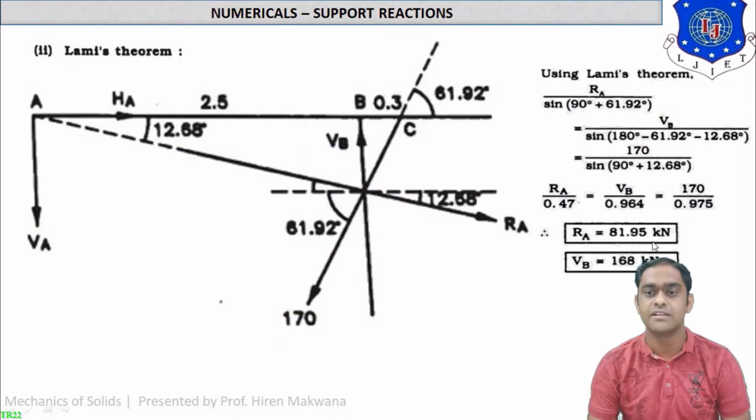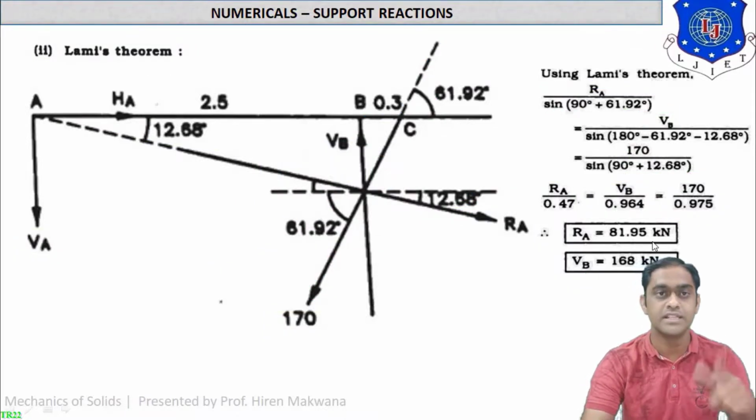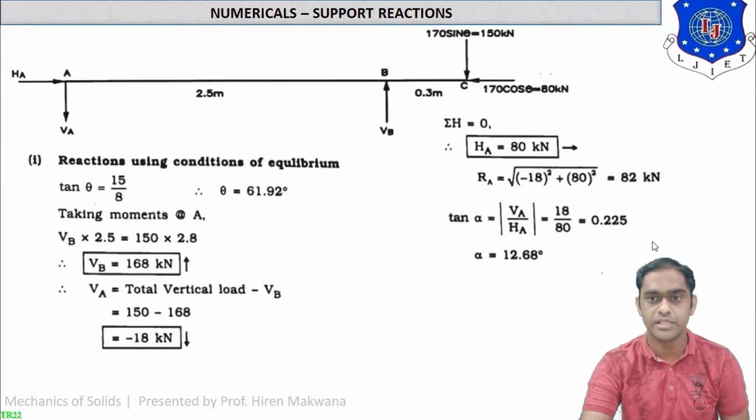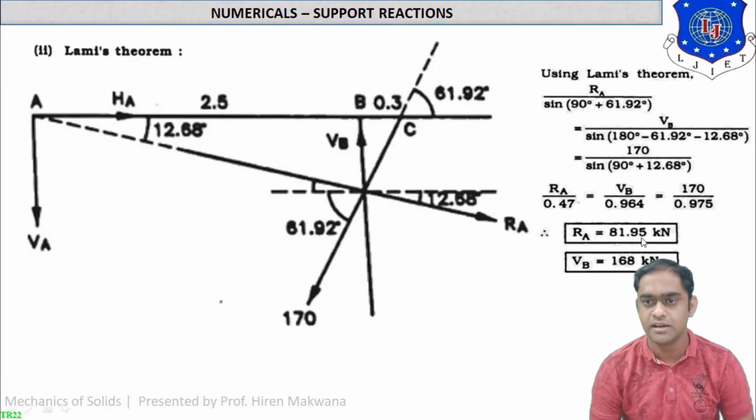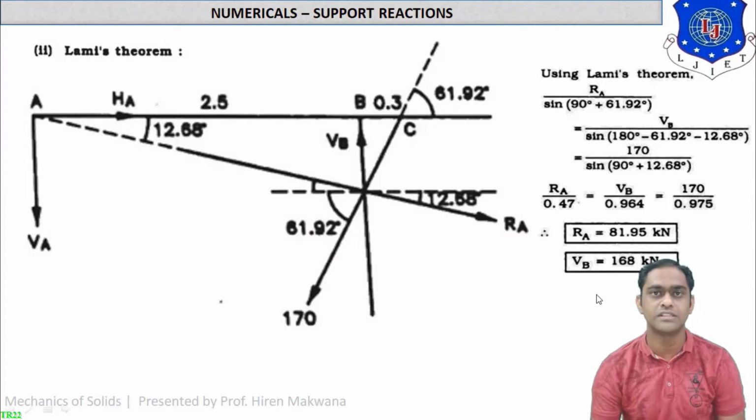So you will check, RA is 81.95. What was it in the equilibrium method? You can see here RA is 82, and VB is 168. So RA is around 82, 81.95 means near about 82, and VB is exactly equal to 168 kilonewton.